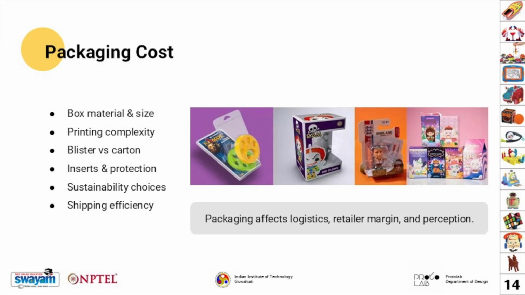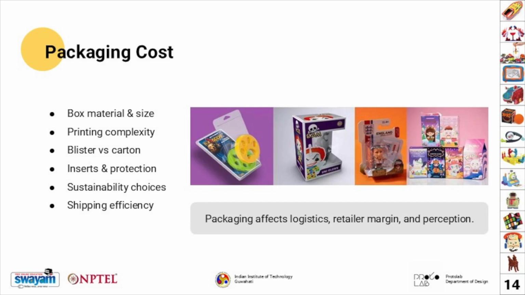Blister packaging introduces another mold, a thermoformed plastic cavity that must be designed, tooled, and tested. That is tooling cost again, but now in packaging. Internal inserts add protection, but they also add cost and assembly time.